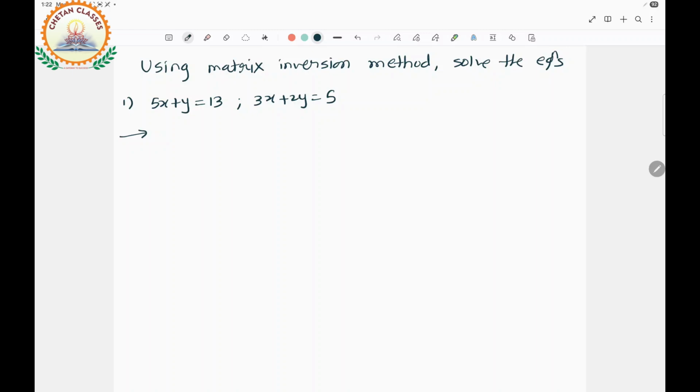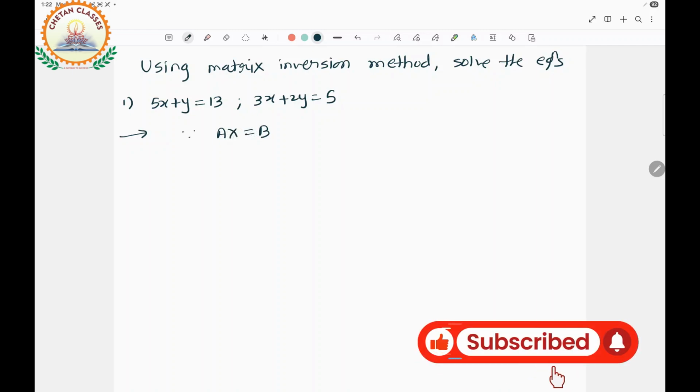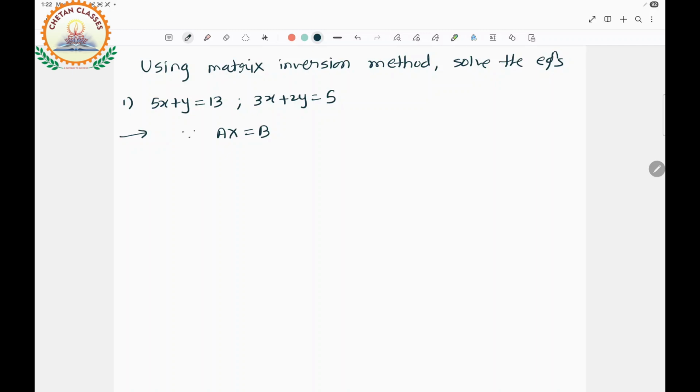Now we already know the steps. Since AX is equal to B, write the given equations in AX is equal to B form. Matrix A means the coefficient matrix. The first column is the coefficient of x in the first and second equations, that is 5 and 3.